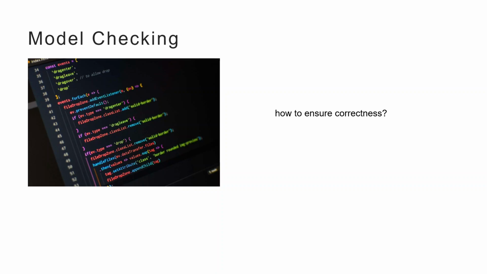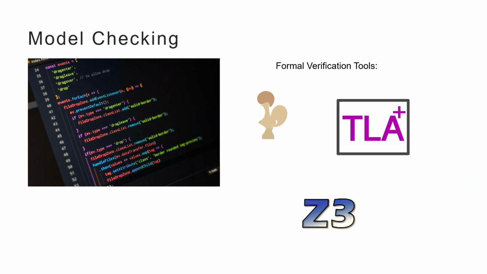So in our daily software development, we always want to make sure that there are fewer bugs in our program. But besides submitting our code to compilers to check for errors, we can also use various formal verification tools to prove the correctness of our code. Some of these tools utilize model checking techniques.